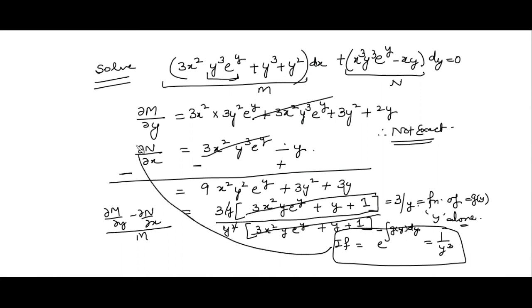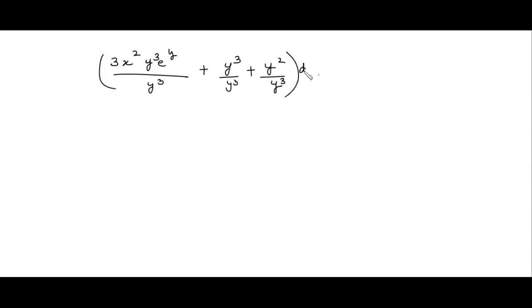So now we multiply this integrating factor with the given equation and we convert this equation into exact differential equation. This time dx plus x cube e to the power y cube minus xy divided by y cube times dy.